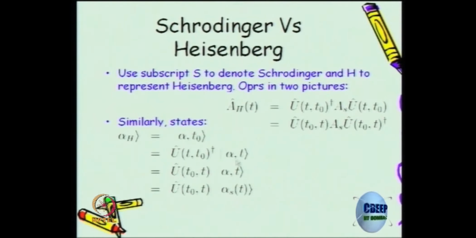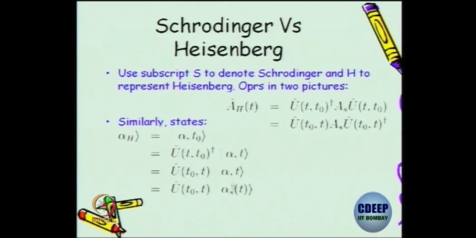Equivalently write this in terms of alpha S of T, and you can use this unitary operator from T naught to T to relate any state at time T in the Schrodinger picture to the Heisenberg frozen state. So play around with these unitary operators. U dagger T comma T naught is nothing but U T naught comma T.